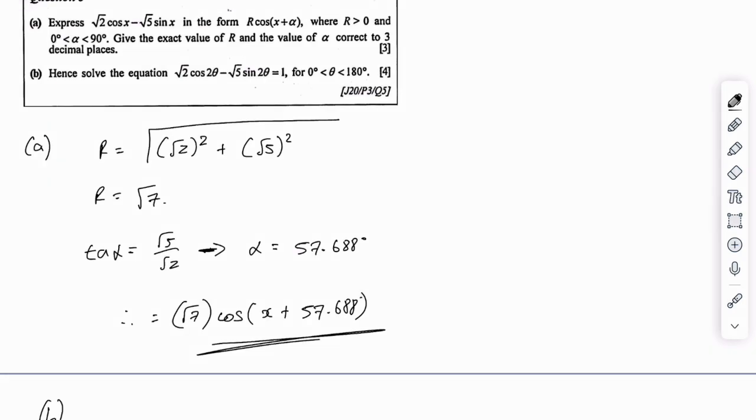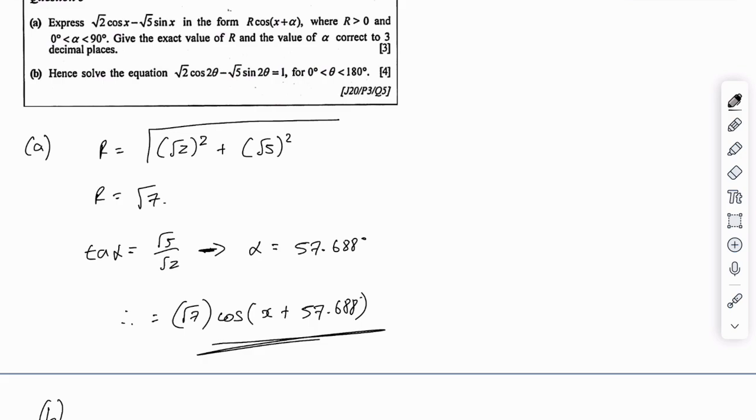Alright, now similar to the previous one, it says now, hence solve the equation root 2 cos 2 theta minus root 5 sine 2 theta equals 1, for theta being between 0 and 180. So then, how do we do that? Well, it's very simple. If you think about it, just x equals 2 theta. That's in essence what's happened here.